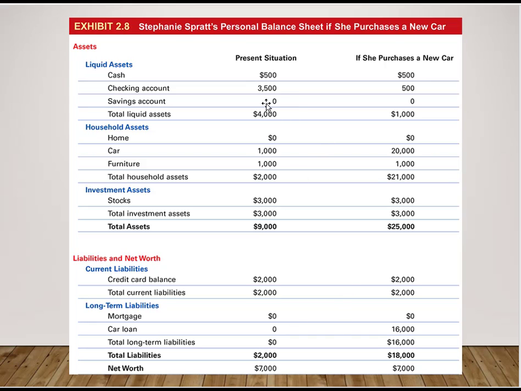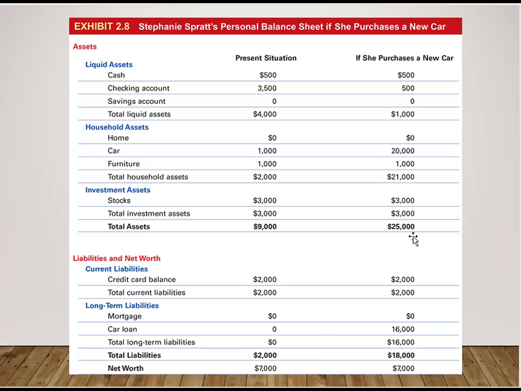Well, in this case, you can see the cash. We spent $3,000 in cash. So our total liquid assets went down to $1,000, but now we have $20,000 in the car. Used to be $1,000, now it's $20,000. And if you go down below here, you'll find the debt piece, now we have $16,000 that we owe in debt.